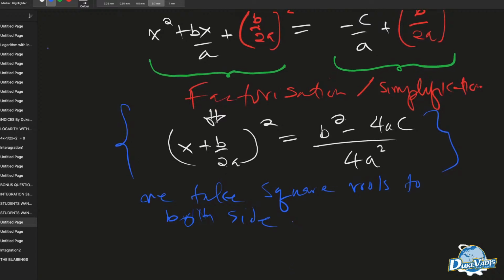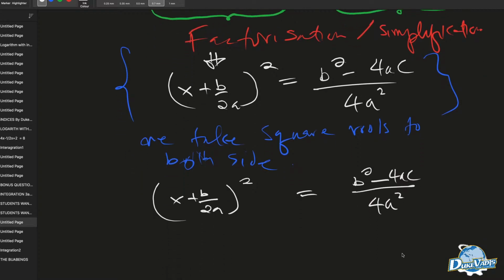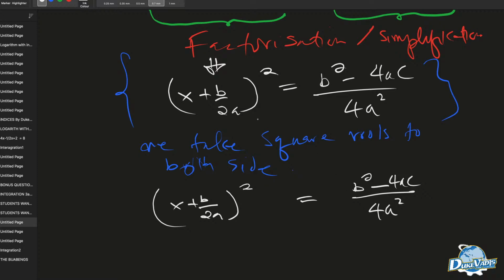So our expression that we've written so far is x plus b over 2a all squared equals b squared minus 4ac all over 4a squared. We're going to take square roots of both sides, so it's the square root of this whole thing and the square root of that.